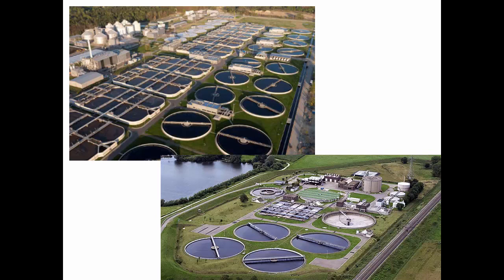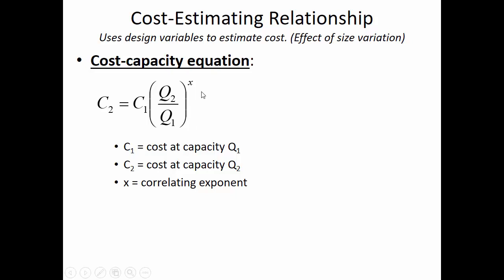Like electrical switches or light bulbs, if you buy 12 of something, they give you a slightly better price. And that's what this exponent allows us to account for. If we have the data on how much something cost of a certain size or a certain number, that would be C1, the item that we know the price for.